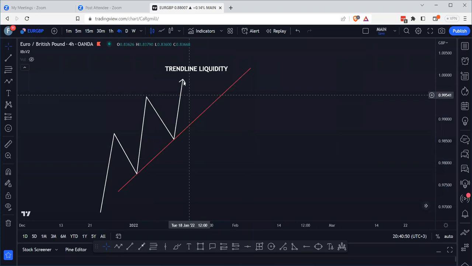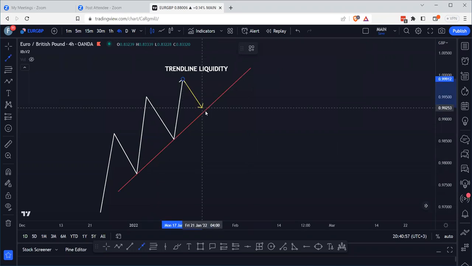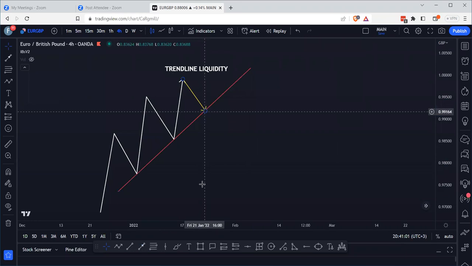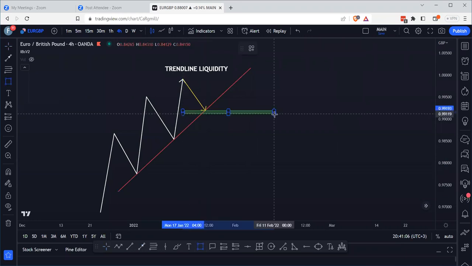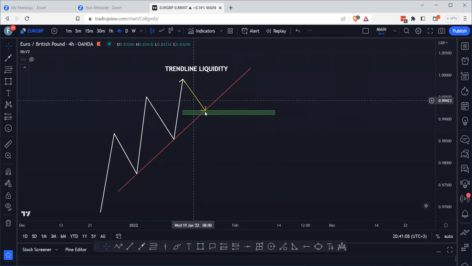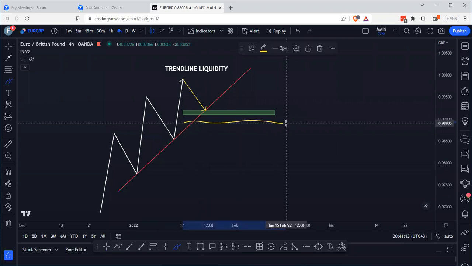And what it means is that the next time that price retraces into this trend line, a lot of traders are looking to take entry here. What it means is that people's stop losses will be beneath this zone here.